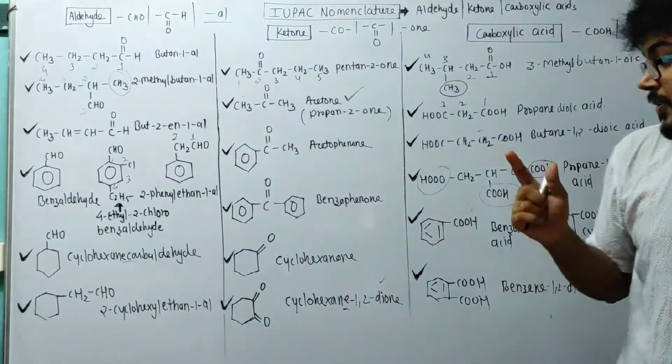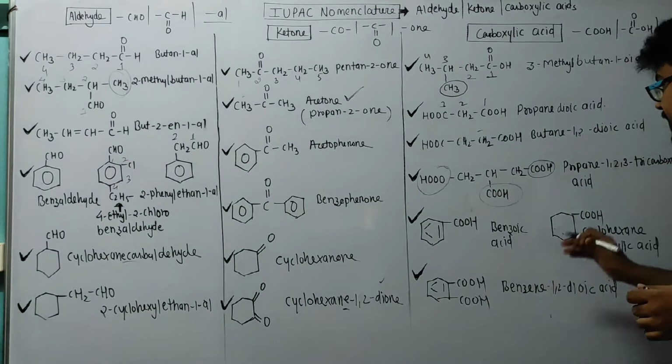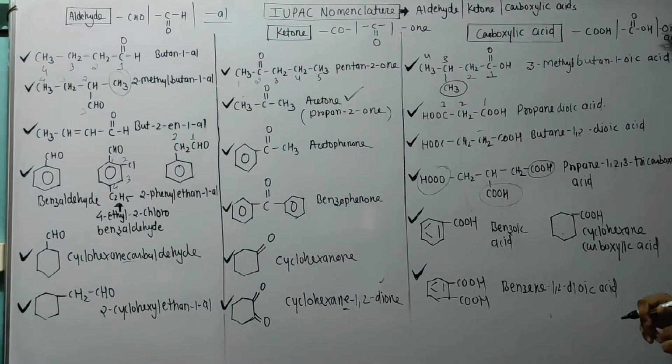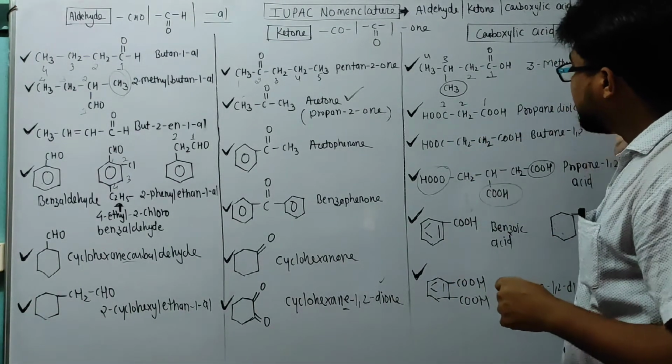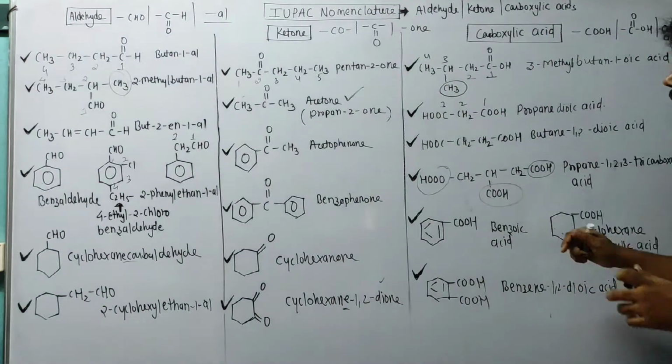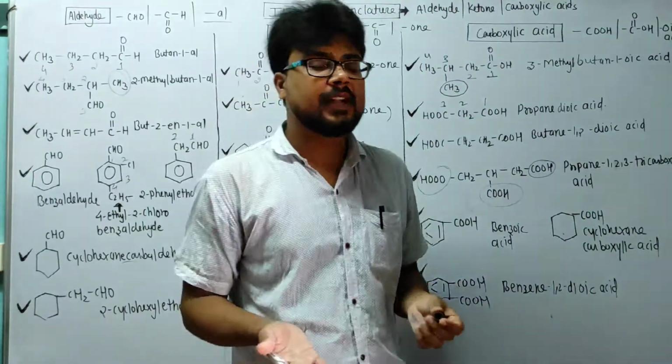So the same concept we will follow with 3 carboxylic acid groups, that is propane 1, 2, 3 tricarboxylic acid. But up to 1 or 2, I will count that COOH as the main carbon chain and put dioic acid.